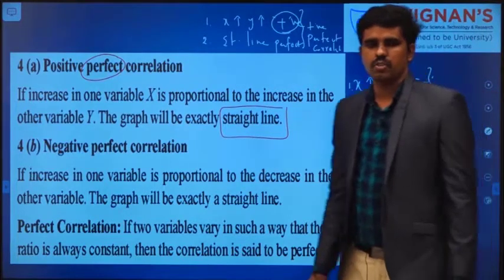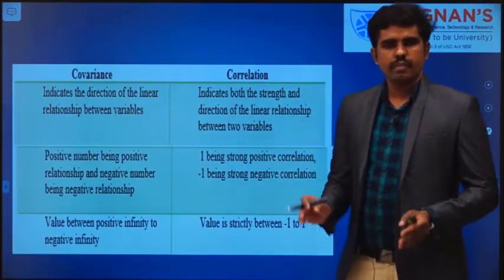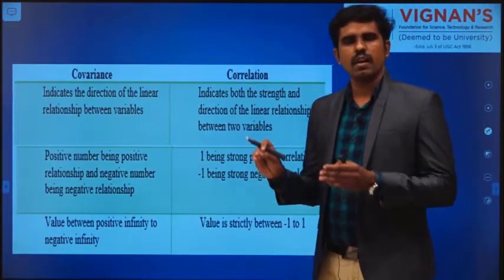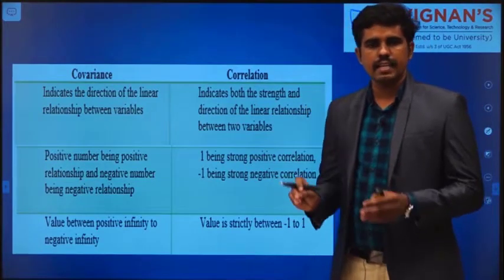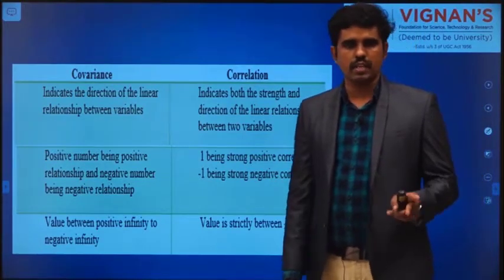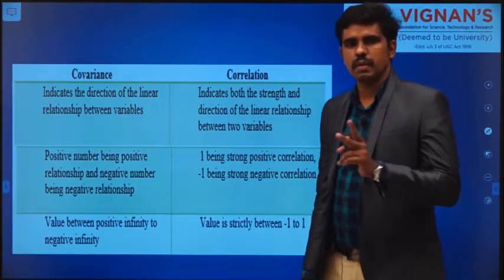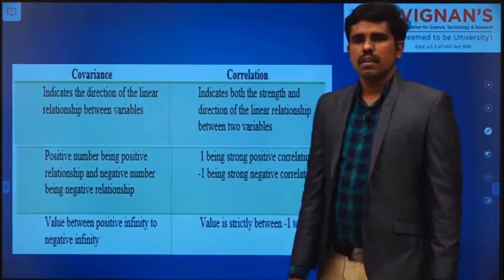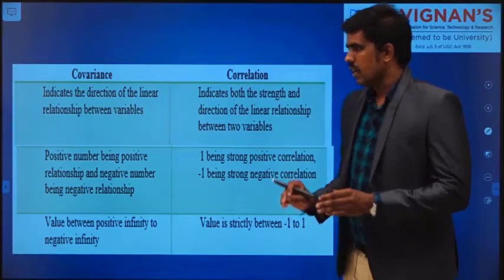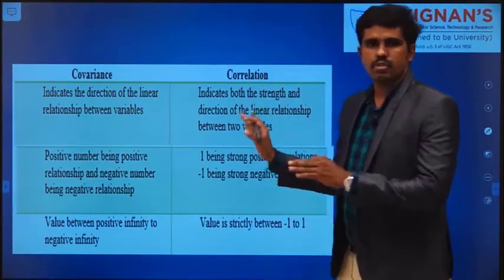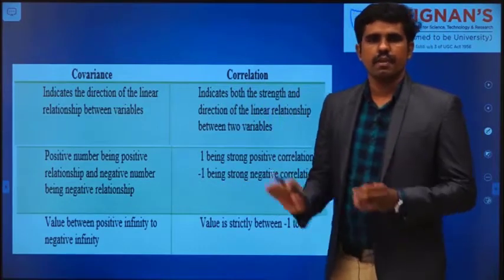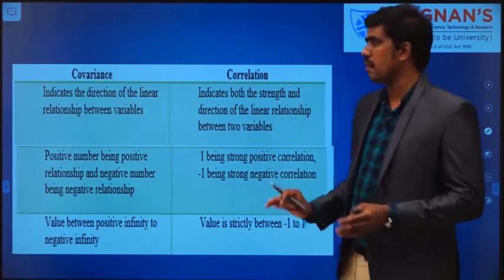Anyway, I told you that in both covariance and correlation we are finding the linear relationship between two variables x and y, how much it is depending on the other variable, that we have discussed. So both covariance and correlation we use for finding the relationship between two variables. But what is the difference?